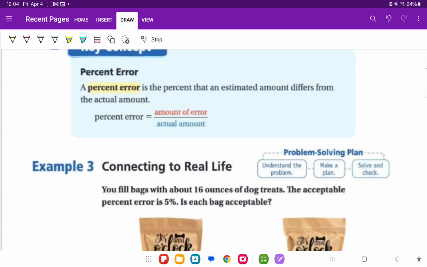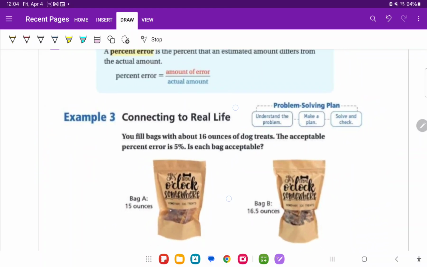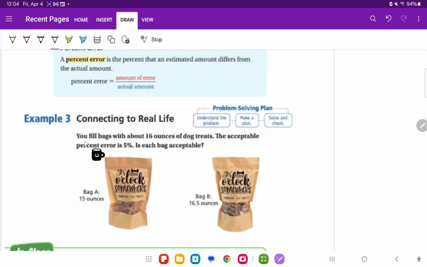Okay, percent error is the percent that an estimated amount differs from the actual amount. All right, so use this formula. Percent error equals the amount of the error over the actual amount. Okay, so you fill bags with 16 ounces of dog treats.